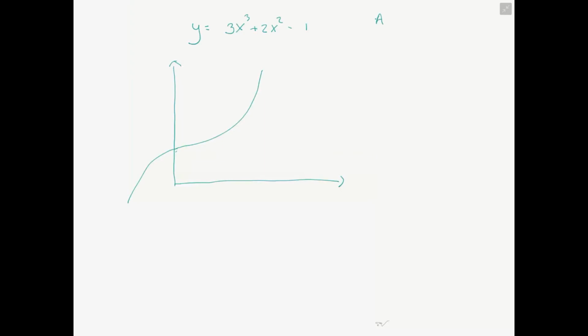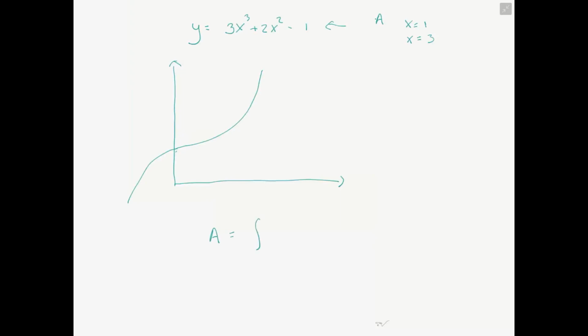And this is our x-axis, and this is our y-axis, and we want the area. The problem is the area under the curve, and this is our curve, between x equals 1 and x equals 3.